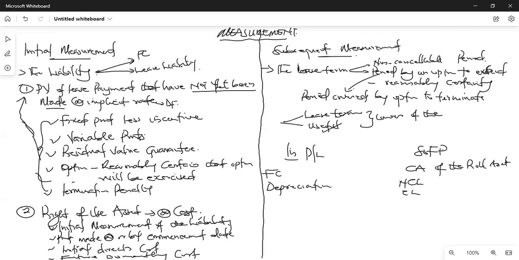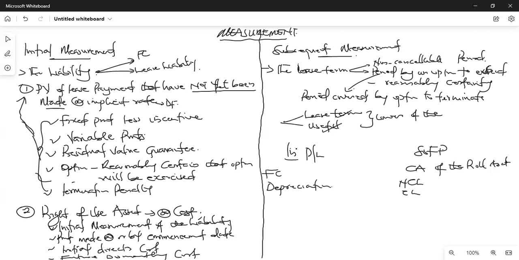As to the right of use, we will be looking for our depreciation, and that is where the useful life and this concept come in. You don't depreciate an asset beyond its lease term; you always pick the shorter of the useful life and the lease term. Kindly take note of that.